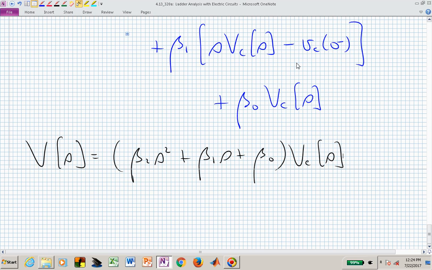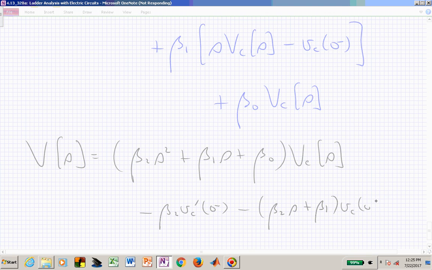We have its Laplace transform, but we also have terms that are associated with the initial conditions, which is now a minus beta sub 2 V sub C prime of 0 minus a beta sub 2 s plus a beta 1, where I'm accounting for the minus sign in total, V sub C of 0 minus.